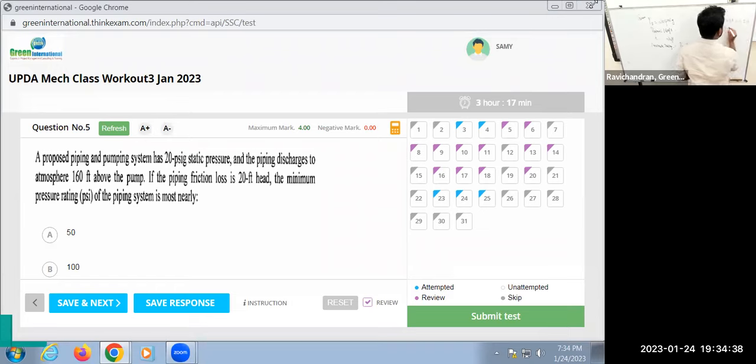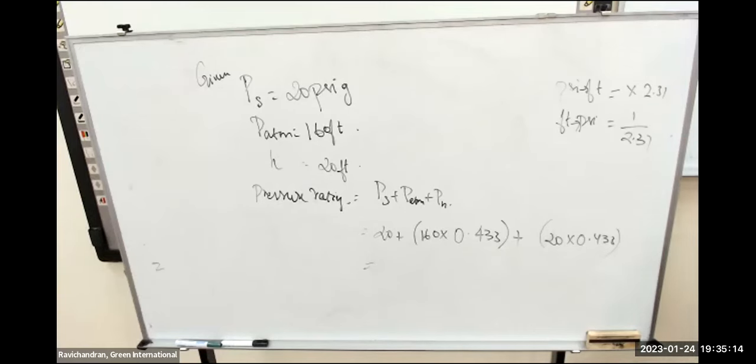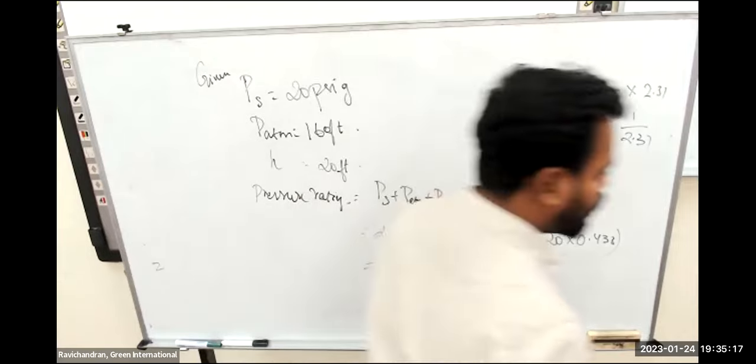If it is feet to psi, you have to divide. Okay, so 1 by 2.31 is nothing but 0.433. Plus 20 into 0.433. So adding all together, you will get total pressure required is 98.